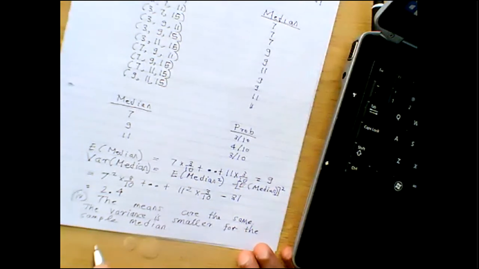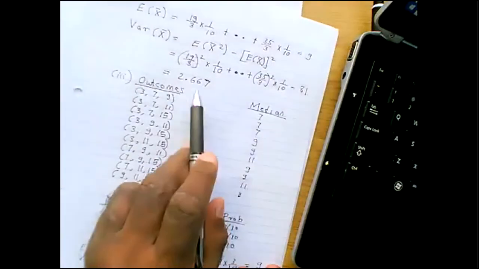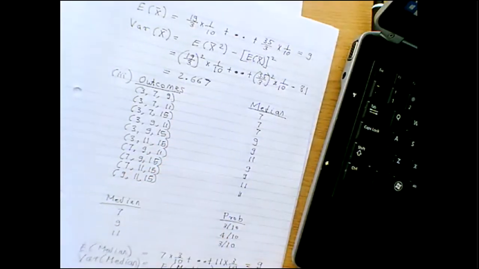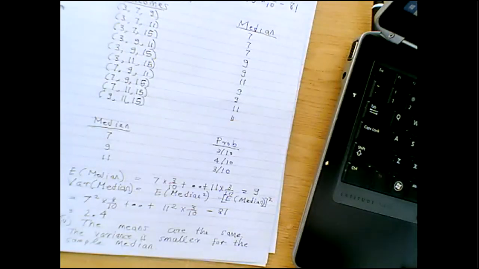You see why, because the variance is 2.4 for the sample median, whereas the variance for the sample mean was 2.667. So you see what is happening. All right, so that completes question 5.